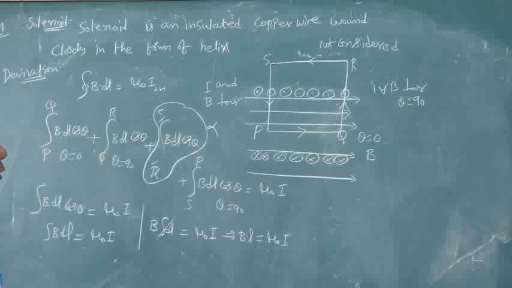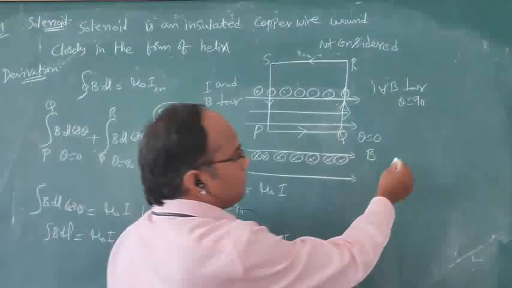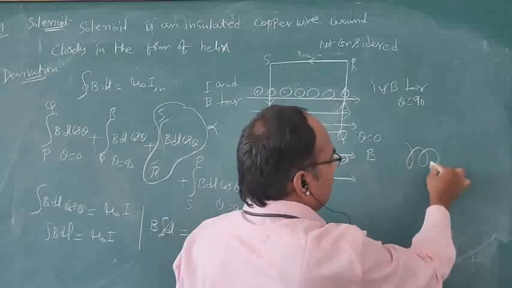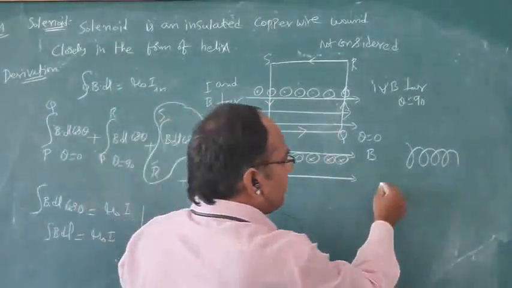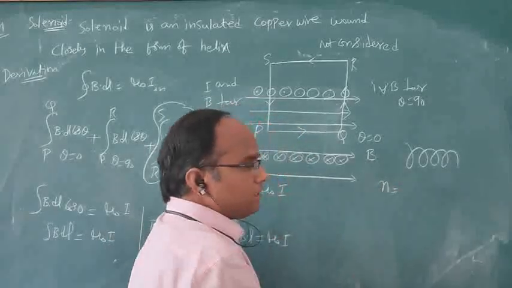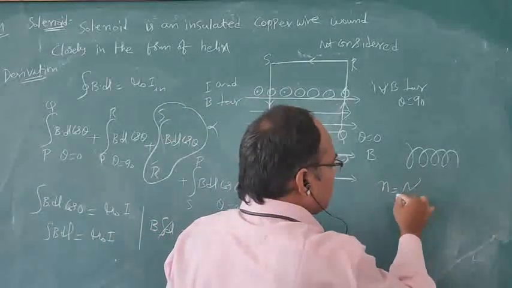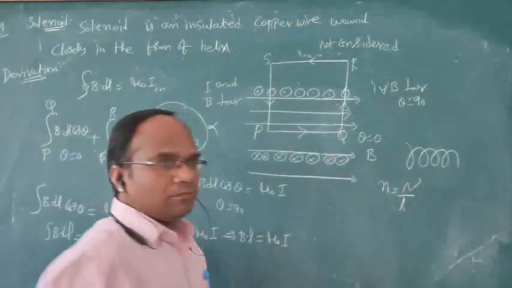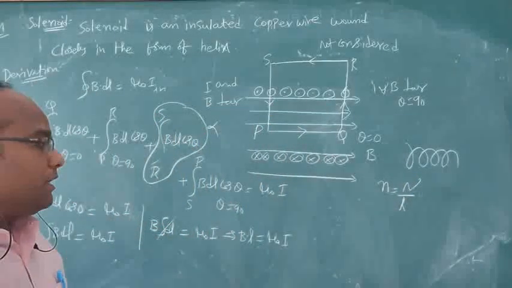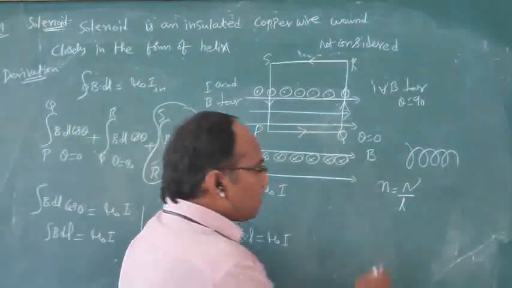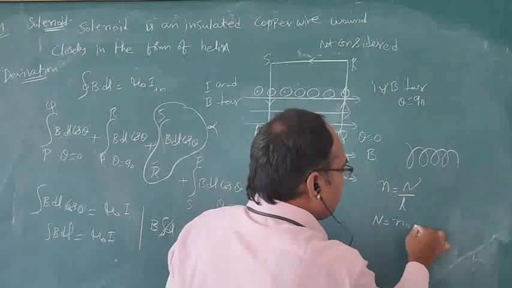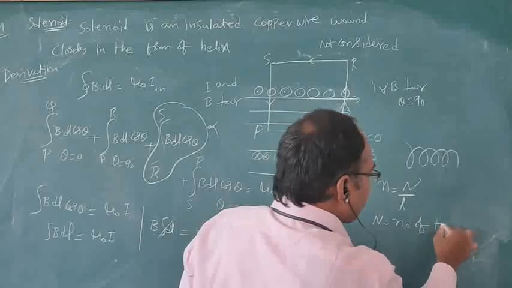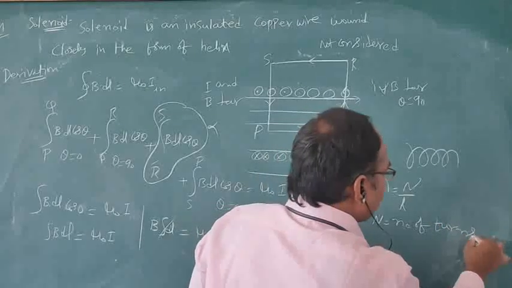Now one thing we have to remember: in the figure, when it is in the form of the helix, we have to remember that small n means number of turns per unit length. And capital N means only the number of turns.